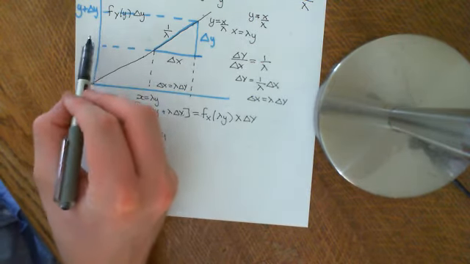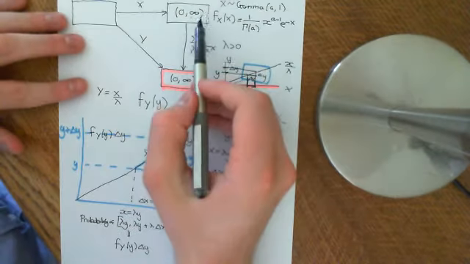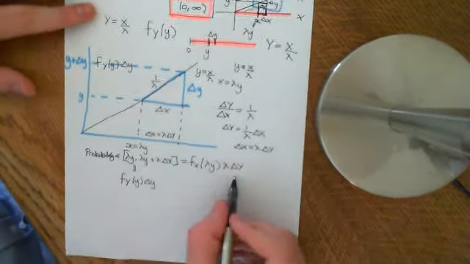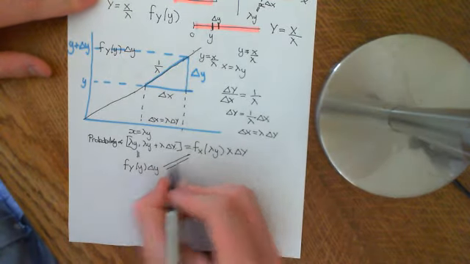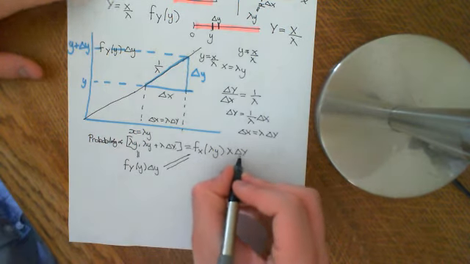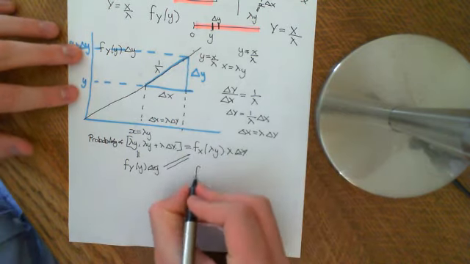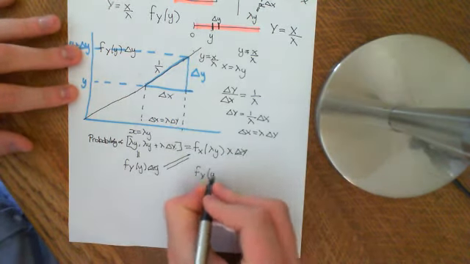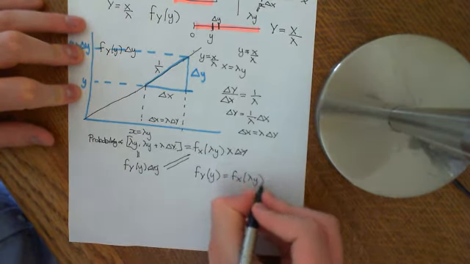We take the pre-image of that interval in the old probability space and work out the probability there. That tells us that this PDF times delta y should equal the old PDF evaluated at lambda y times lambda delta y. Instantly we can cancel the delta y's, and we get that the new PDF as a function of little y equals the old PDF evaluated at lambda y times lambda.